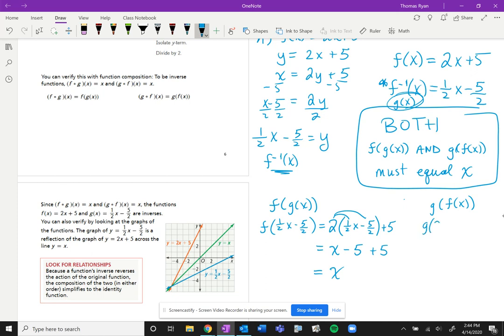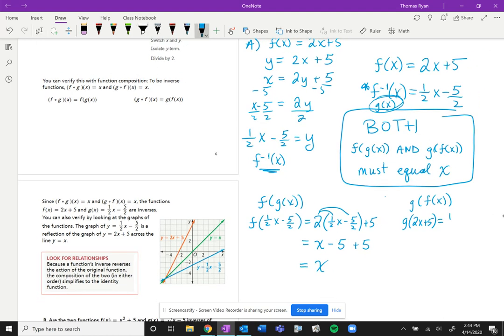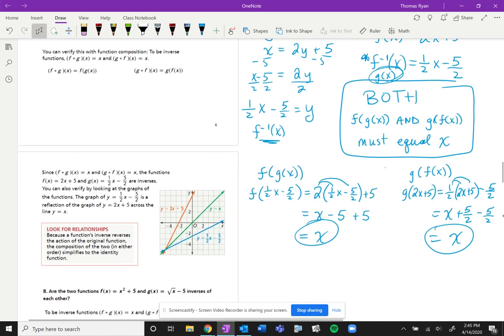Now, if we do g of f of x, so we're going to do the g function of 2x plus 5, which means that we're going to do 1/2, replace our x, everywhere you see an x, minus 5/2. Distribute the 1/2. 1/2 times 2 is 1x. 1/2 times 5 is 5/2, minus 5/2. See where this is going? Plus 5/2 minus 5/2. Boom. x and x.